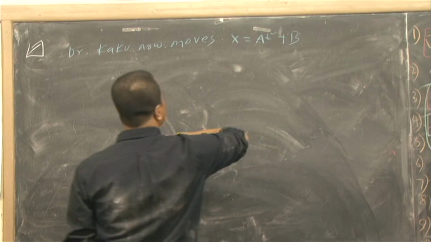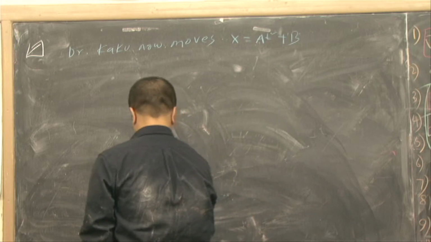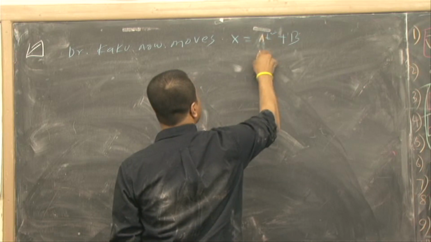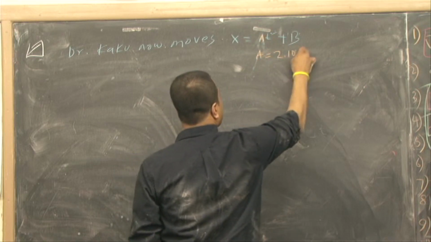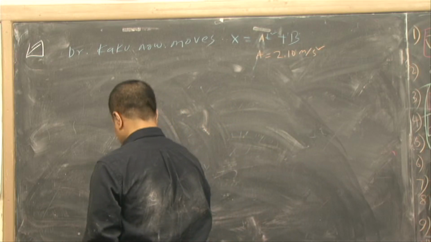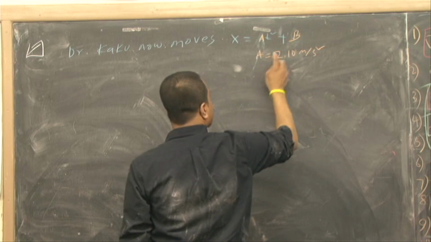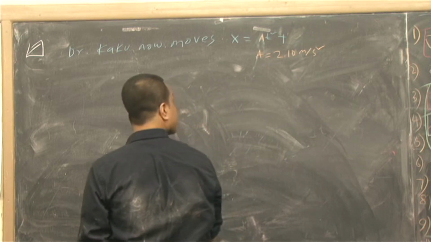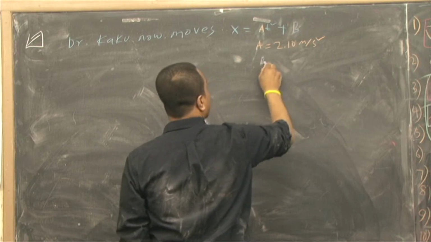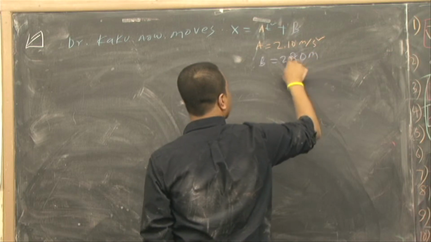That's the position function, where a is 2.10 meter per second square, and b is his y-intercept, so b may be 2.80 meters, right?